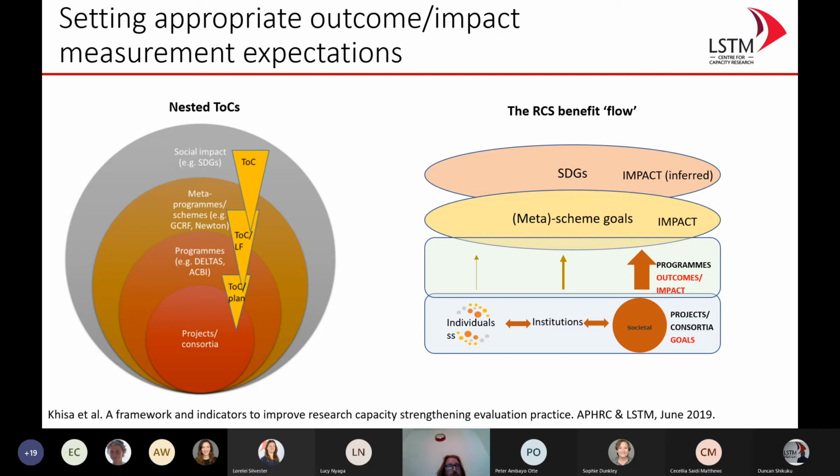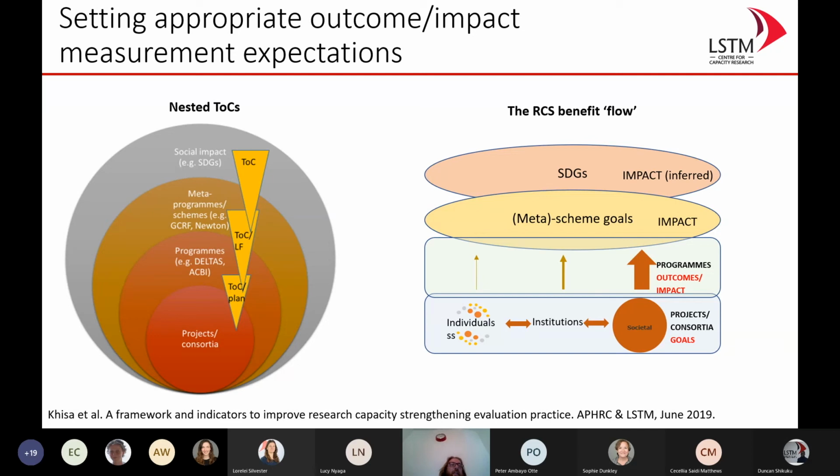Clearly that's not possible. But what your project could show is that you have achieved some outcomes and impacts that work towards that type of wider, longer term impact.